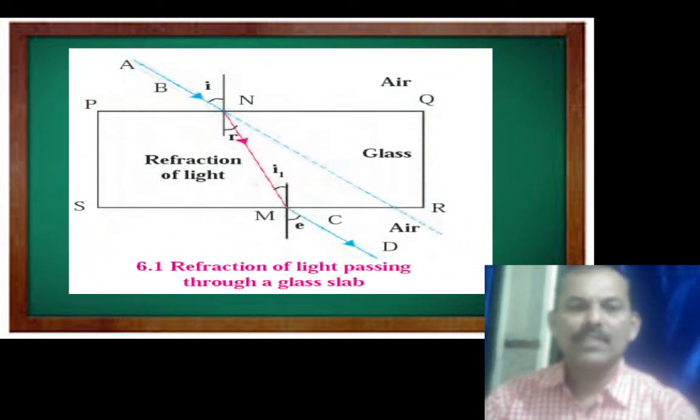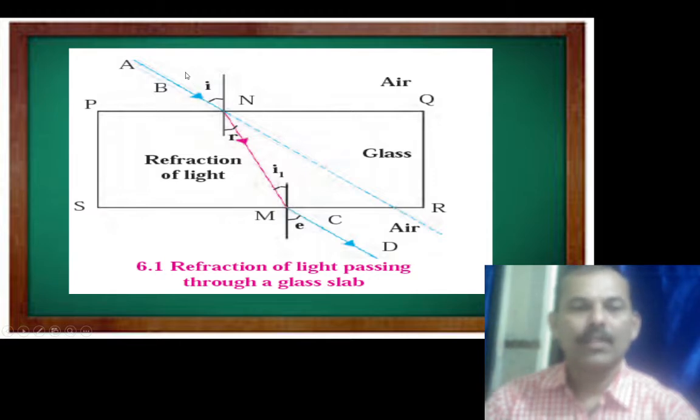In this diagram, you will see a refraction process which occurs in a glass slab. The refraction of light passing through a glass slab. This blue ray shows us a straight direction of light when there is no obstacle in its path.